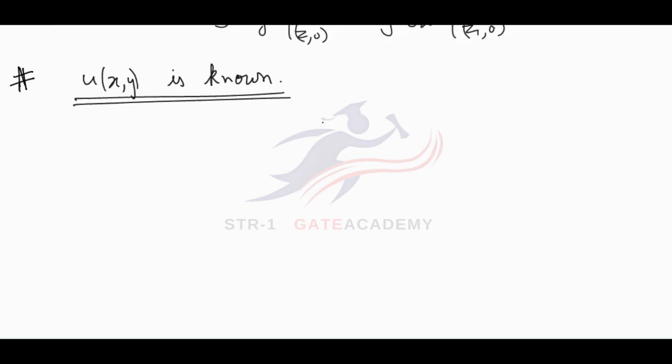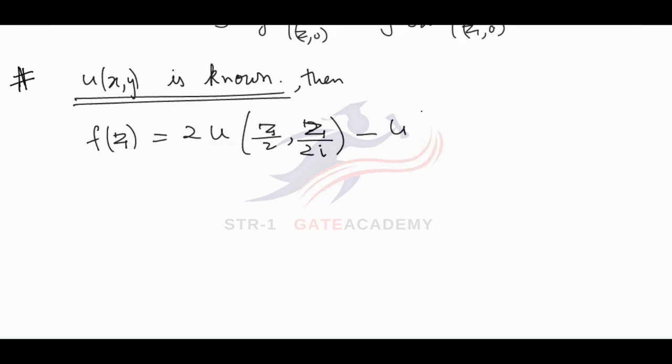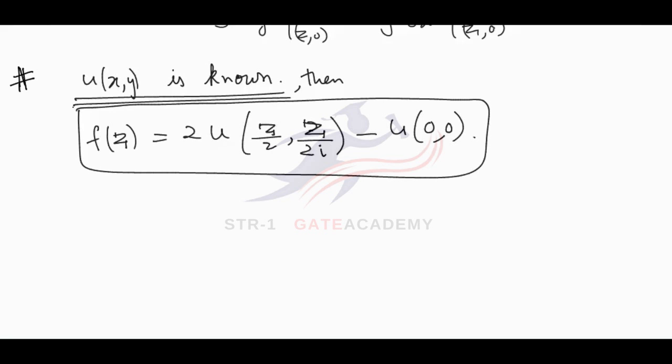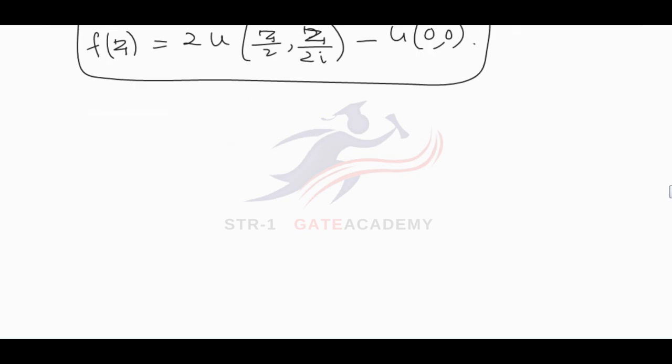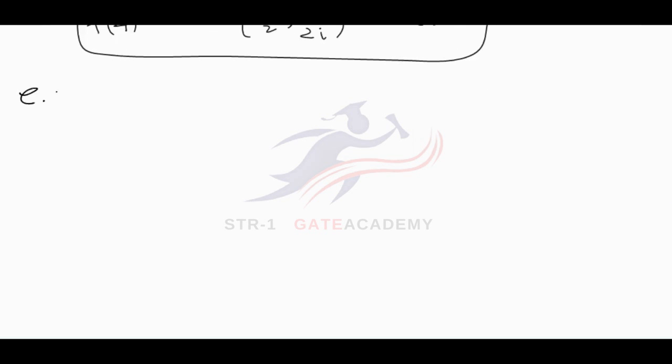Then f of z can be written as 2 times u of z by 2 comma z by 2 iota, minus u of 0 comma 0. I'll tell you how, directly in one line, you will get the answer. Let's take an example, you'll understand it much better. This is only for when the real part is known, not the imaginary part.